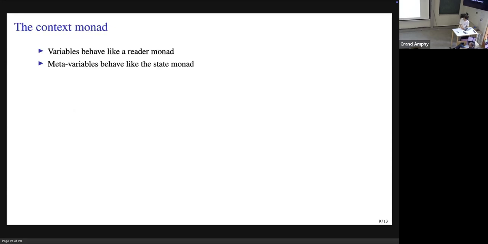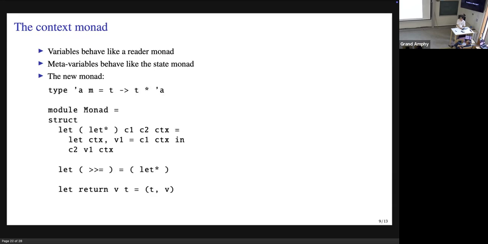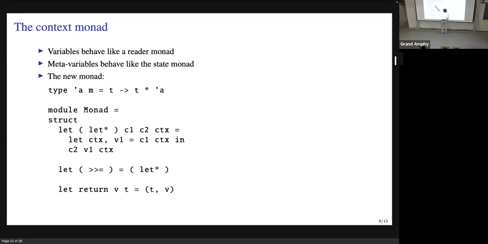Okay, we already said that variables behave like the reader monad and meta variables behave like the state monad. So our new monad, yesterday, it didn't have this. It took a context. You have a context, you run your computation in the context, it will read from the context and compute something. But now it may modify the context. And so you need to return the new context and whatever you computed.